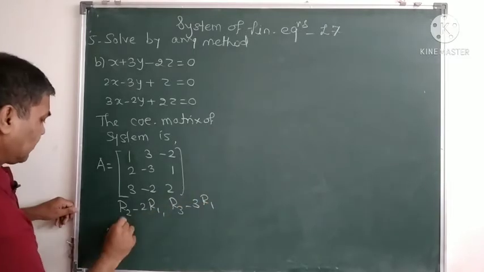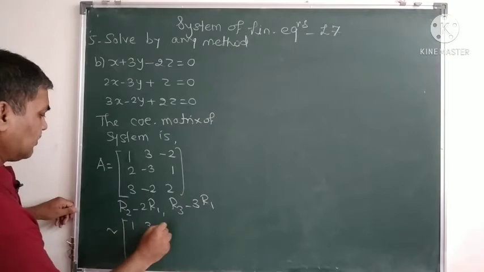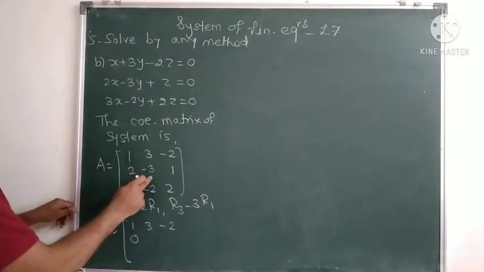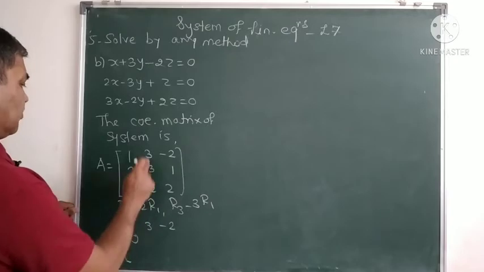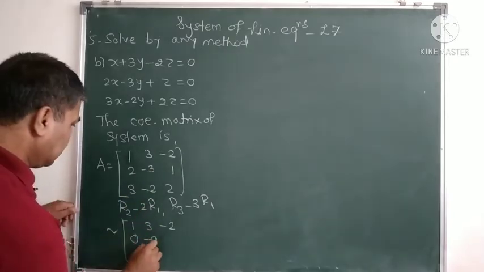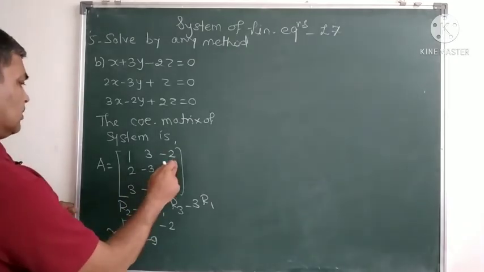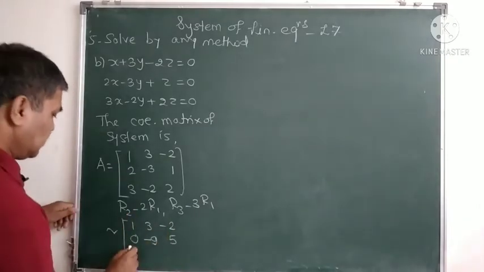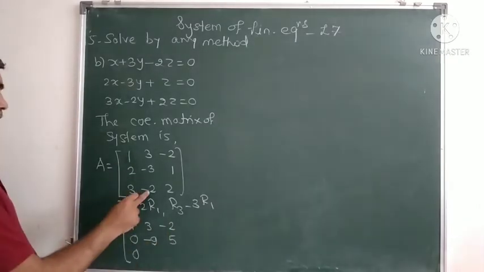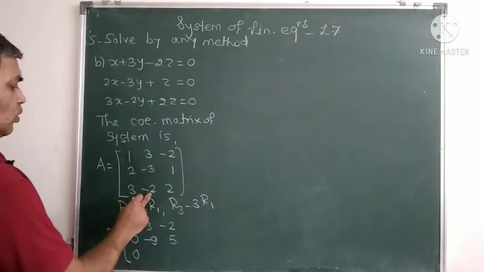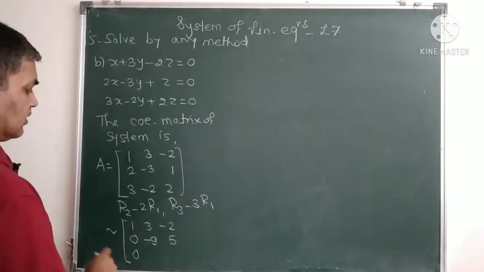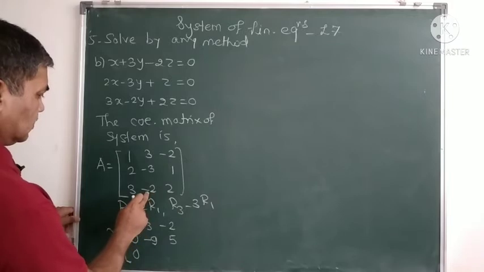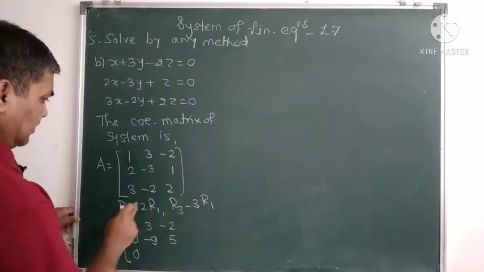This gives us the equivalent matrix 1, 3, minus 2, 2 minus 2 gives us 0, minus 3, then minus 6, that will be minus 9, right? 1 plus 4, 5, then 3 minus 3, 0, then minus 2, minus 9, minus 2, minus 9.